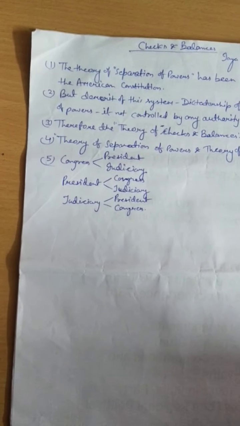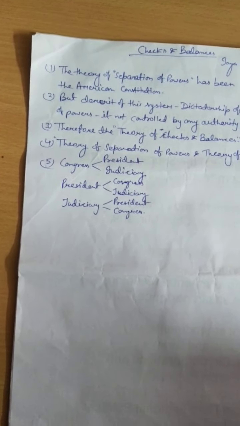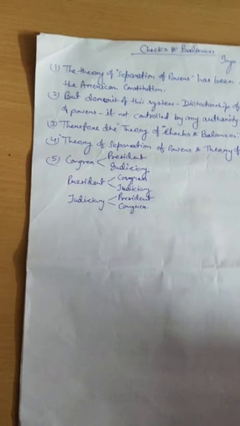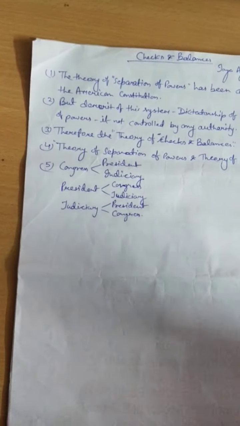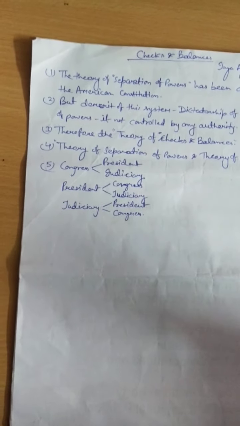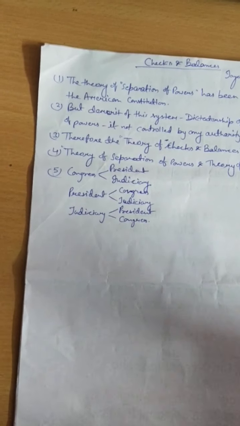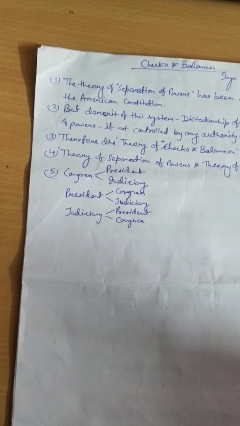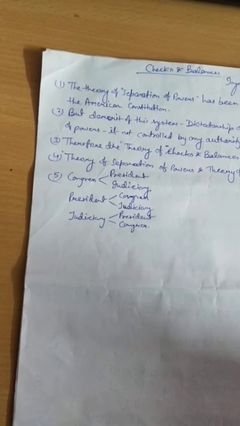The demerit of the system of separation of powers was that if we accept this theory literally as a part of our political system, it means we are supporting the dictatorship of each and every organ of the government, either the legislature, executive, or judiciary.